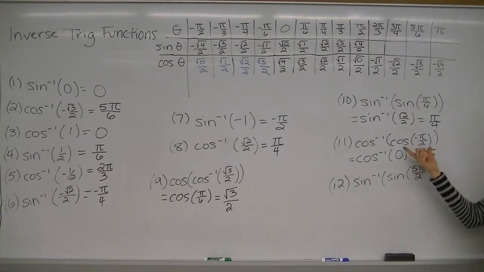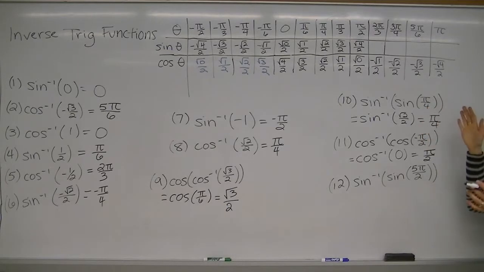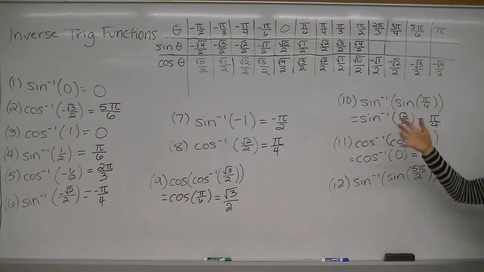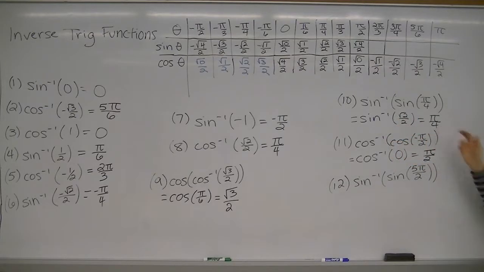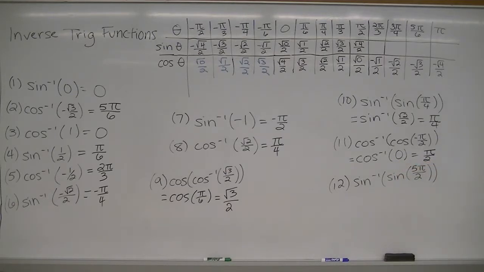So with these types of problems, if the input is already in the correct range for sine inverse or cosine inverse, then we're golden. It just comes out. If not, we have to be really careful. We have to find an angle that is in the correct range for cosine or sine inverse that has that same value, the same cosine or sine value.